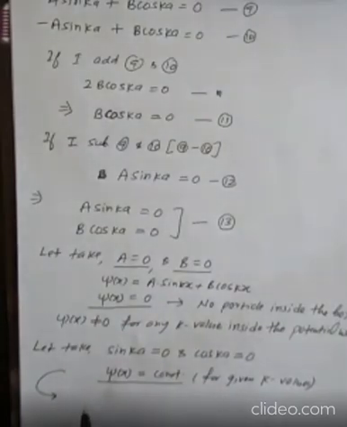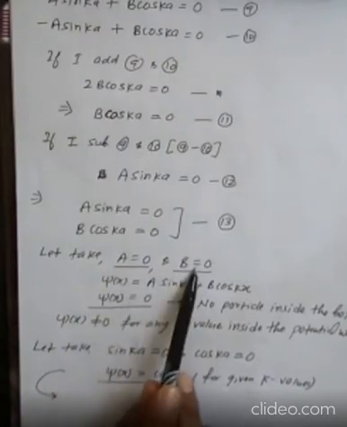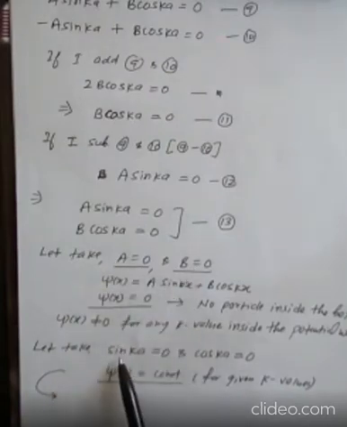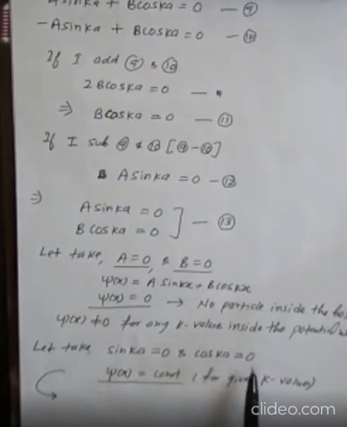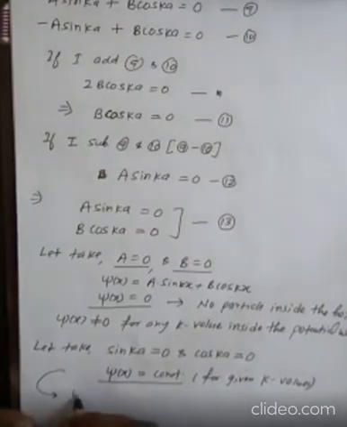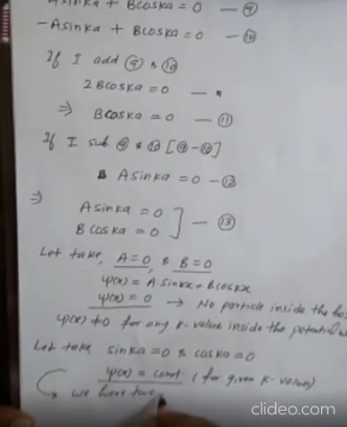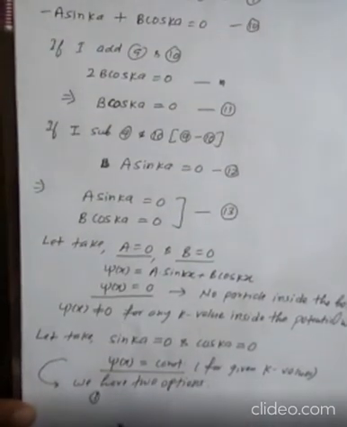It means we cannot take a and b equal 0 or sin ka and cos ka equal 0 simultaneously. So we can consider the alternative case. Then we have two options. First one is if a equal 0, then cos ka equal 0.